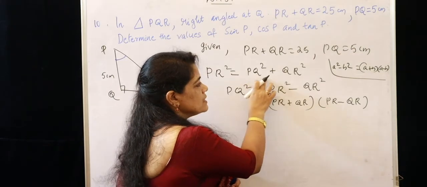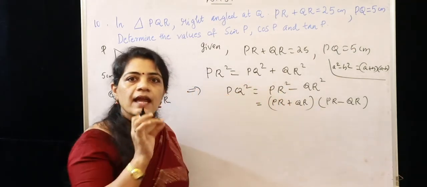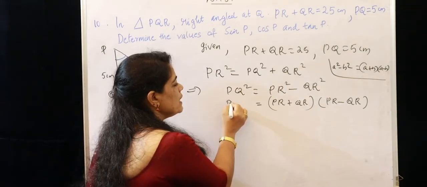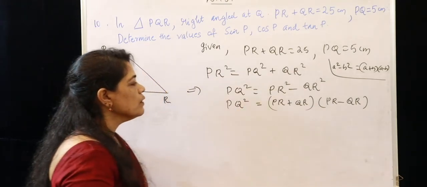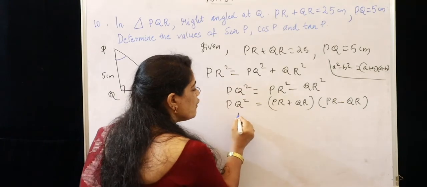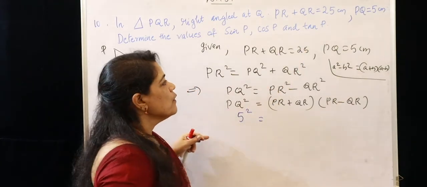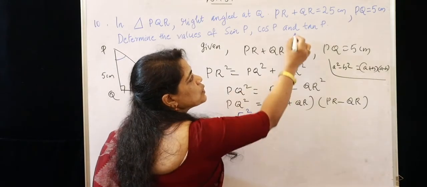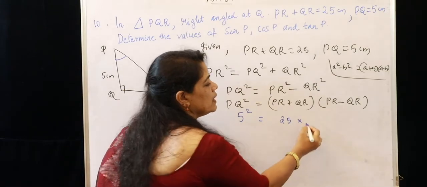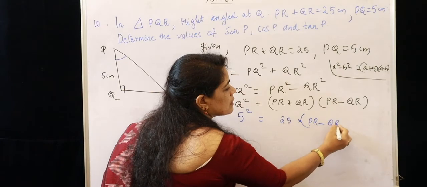First you express this in terms of PQ and apply the identity A plus B into A minus B. Then you can substitute. This is PQ square, and PQ is given as 5, so I am writing this as 5 square, and PR plus QR is given as 25, into PR minus QR.